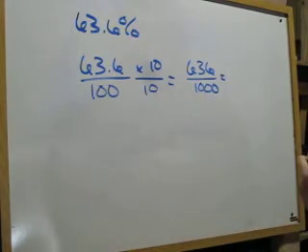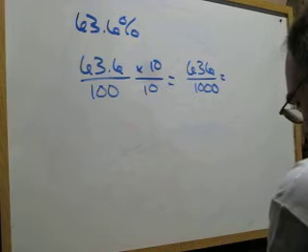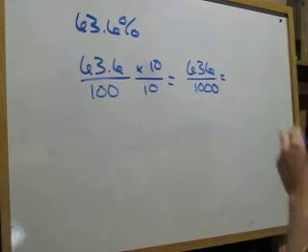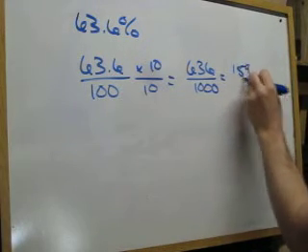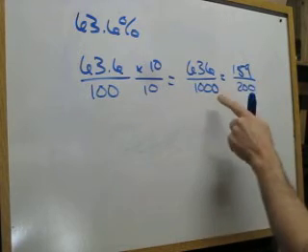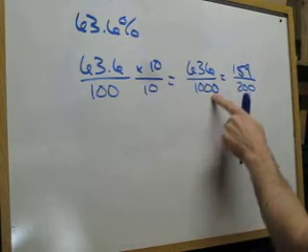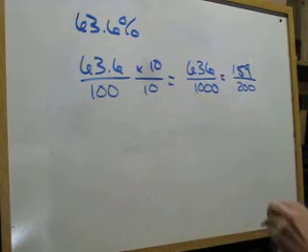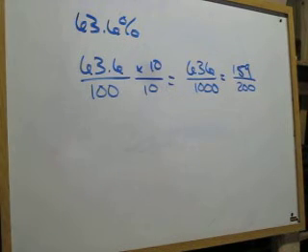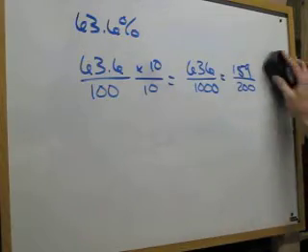And that's going to reduce to 159 over 250, because 4 goes into that 159 times. So 636 over 1,000 will reduce.